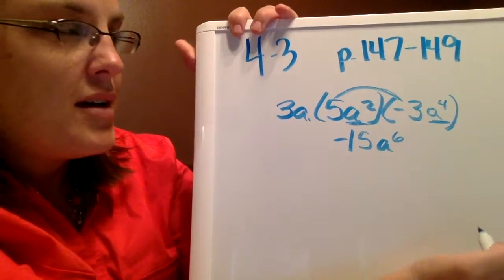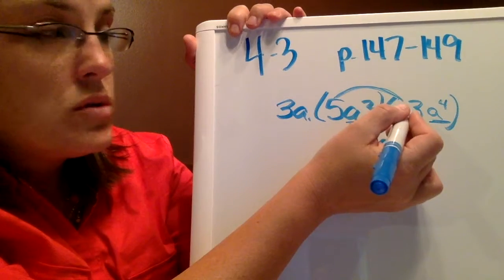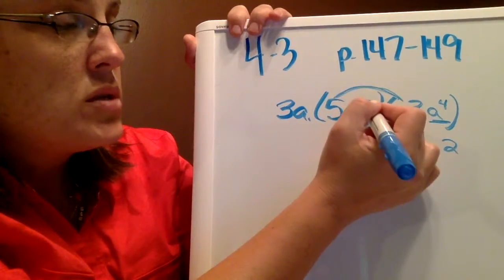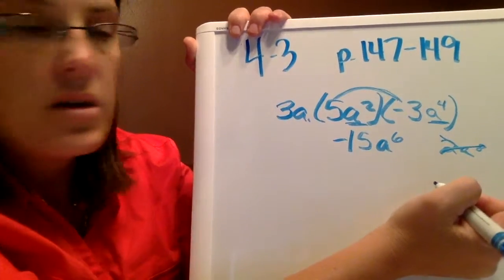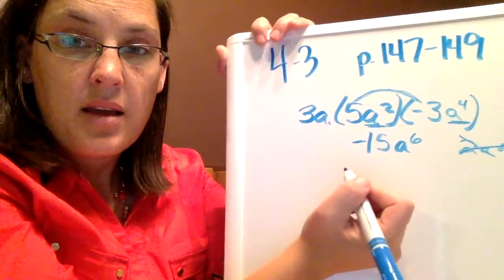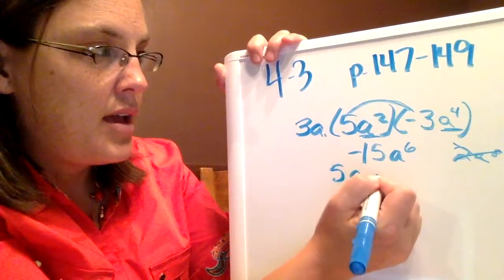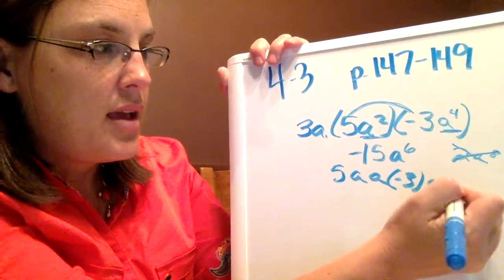Common error would be to say, oh, 5 minus 3 is 2. And, oh, I'm multiplying, so this would be a to the 8th. Not the right answer. If I wrote this whole multiplication problem out, okay, I get 5a, negative 3, a.